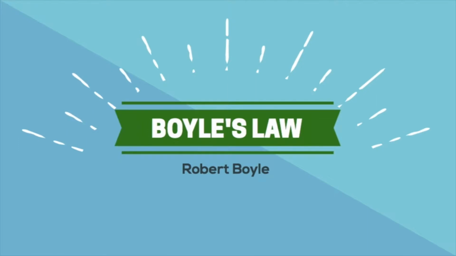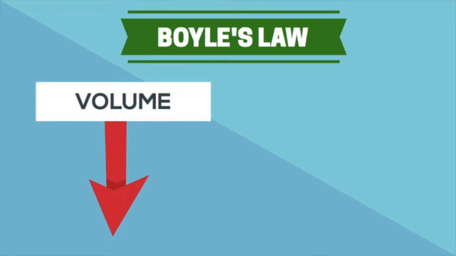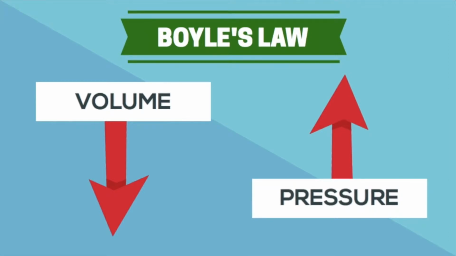Well, folks, I hear Robert Boyle justifying how it wasn't only Charles who had a great law about gases. The other gas law we will be talking about is Boyle's law. Boyle's law states that a decrease in the volume of a container results in an increase of the pressure of an ideal gas, and vice versa. This can be related to the balloon at higher altitudes.